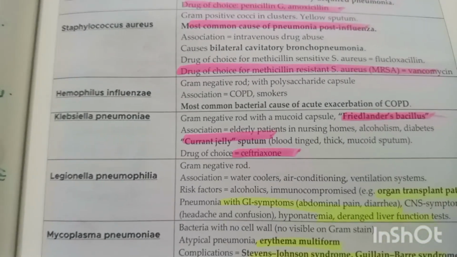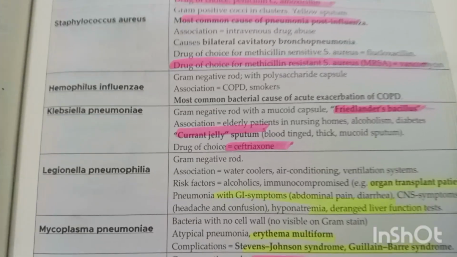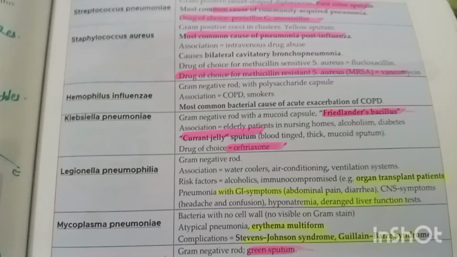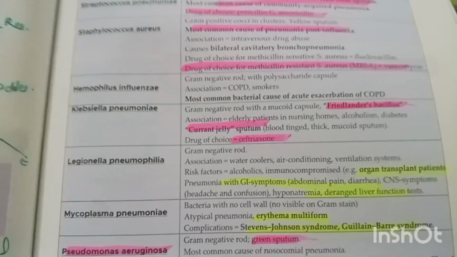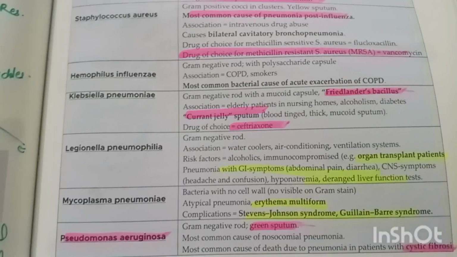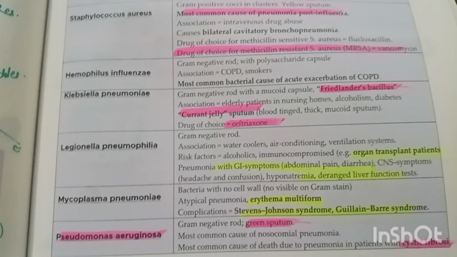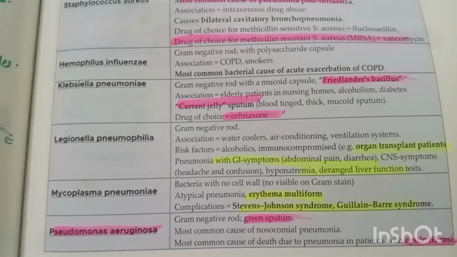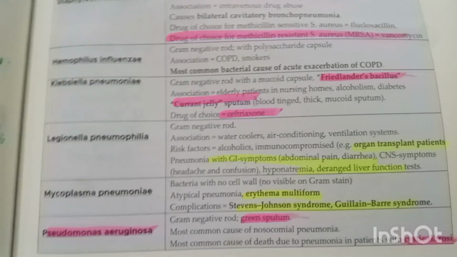Now, if a chronic smoker or a patient with COPD presents to you, you may think of Haemophilus influenzae, because it is more common in COPD patients who are chronic smokers. In Klebsiella pneumonia, the patient presents with currant jelly sputum, and the drug of choice here is ceftriaxone. Legionella pneumophila, I have already discussed with you, occurs through water coolers and water droplets.